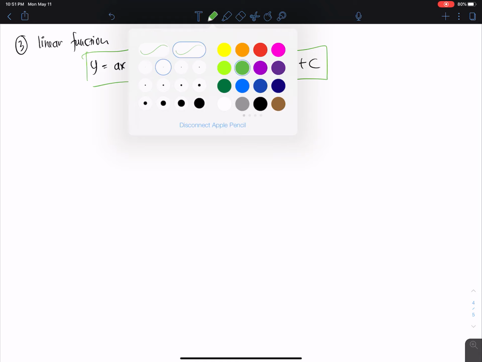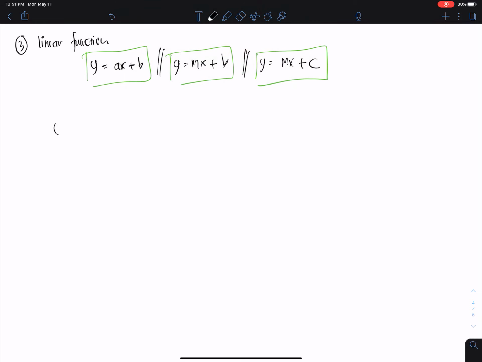So for example, let's see, we have the linear function y equals 2x minus 2. Let's say we have elements in the domain as minus 1, 0, 1, and 2.